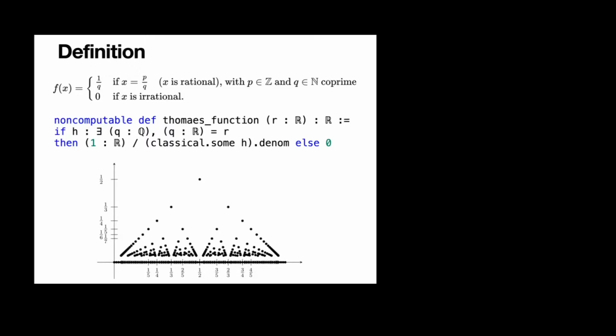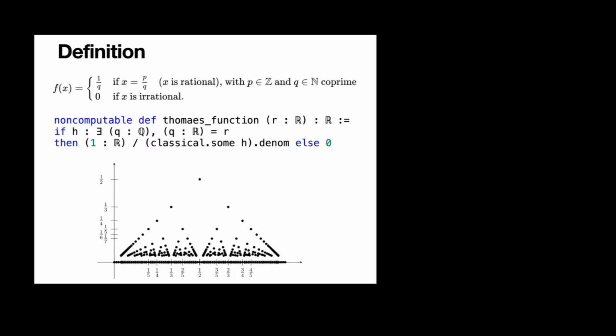And in the middle here, we have the equivalent definition in Lean. The thing to note is that in Lean, due to the construction of rational numbers, the numerator and denominator are guaranteed to be in reduced form, or coprime. So that information doesn't need to be encapsulated in the Lean definition.